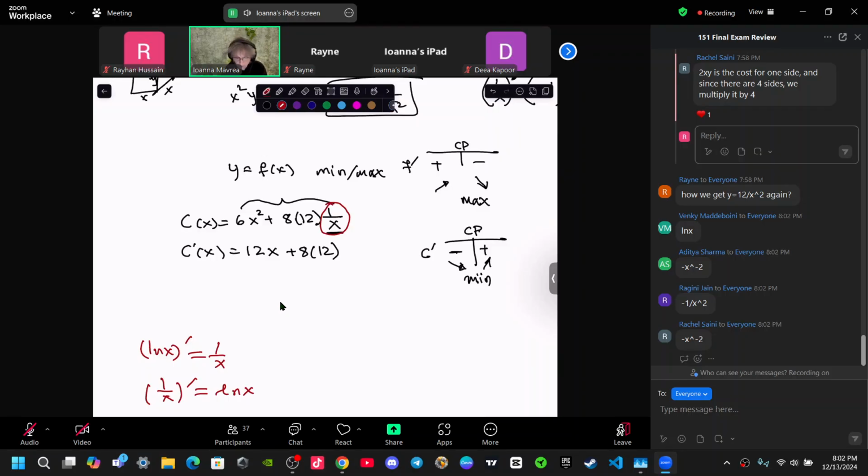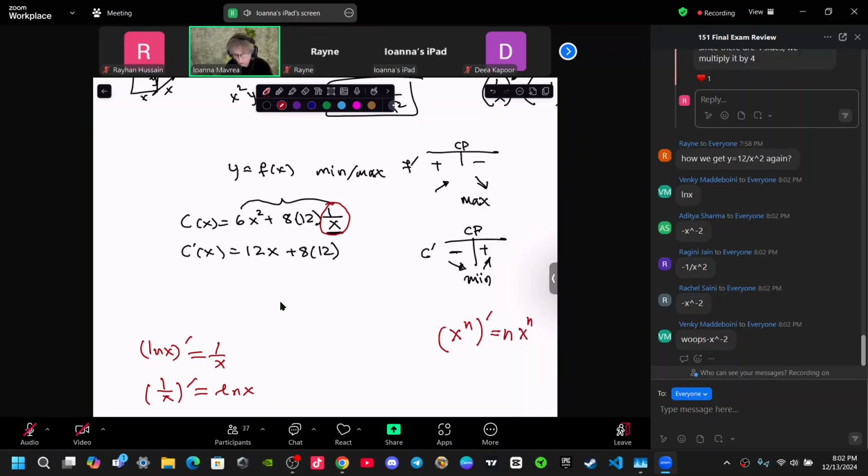There's no such formula. You know the formula for x to any power, negative 1 or any other power. It says bring the power down and write 1 less power. There's no restriction on the n. It includes x to the 0, and includes x to the negative 1, like in this case.